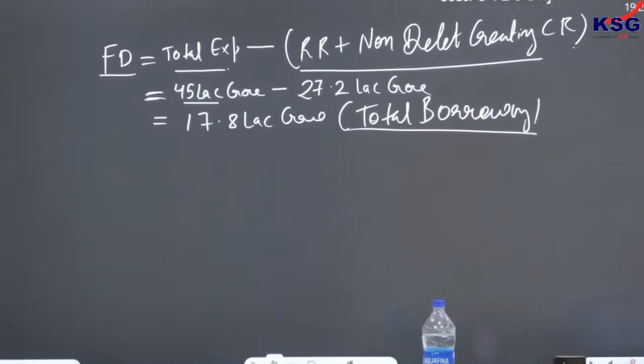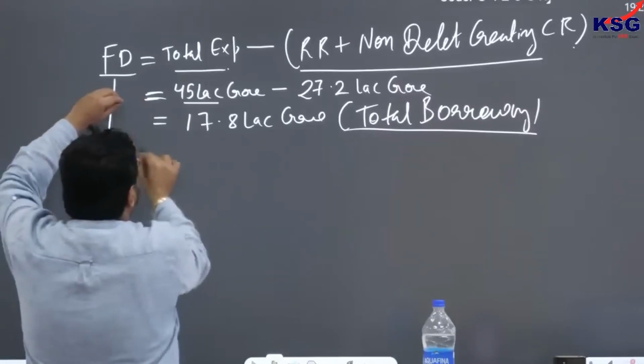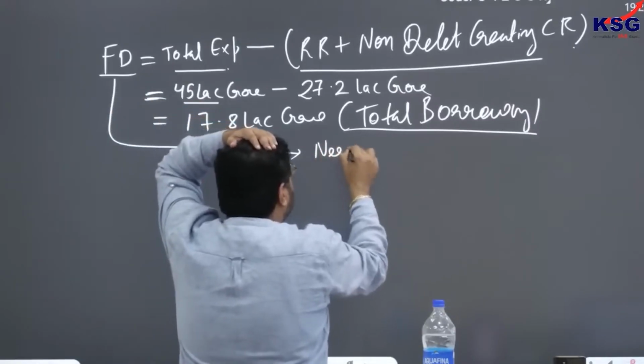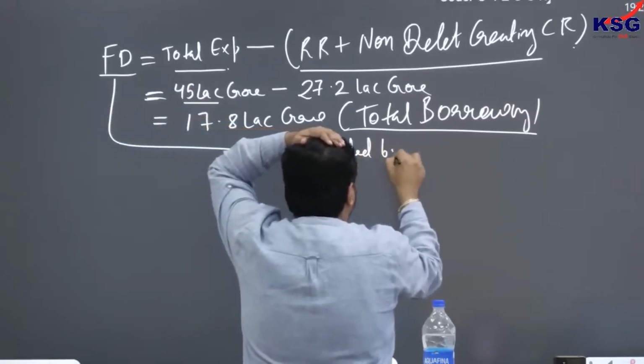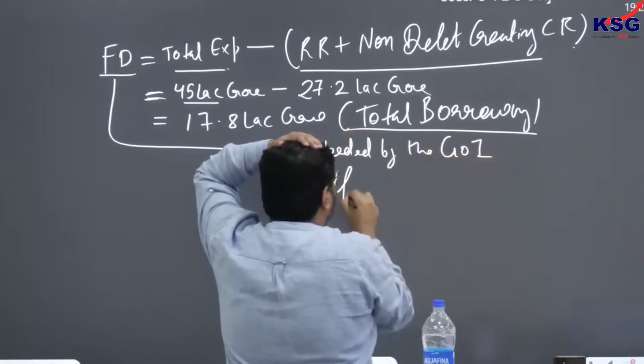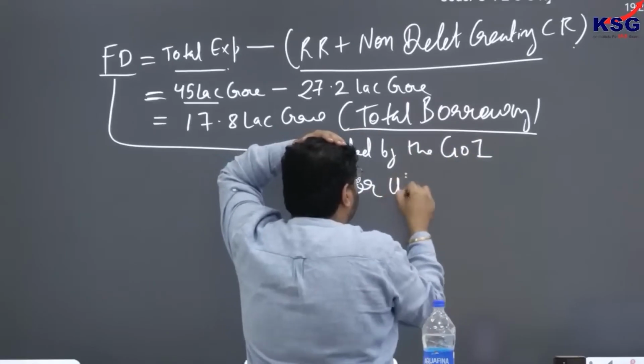Okay, so if I say in simple language, FD is the total borrowing needed by the Government of India for the upcoming financial year.